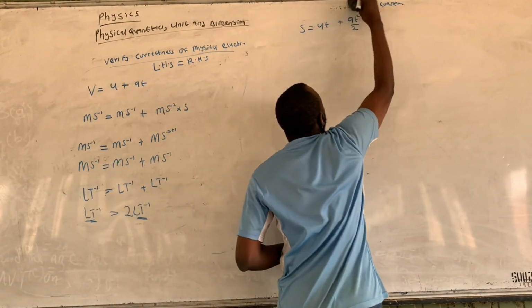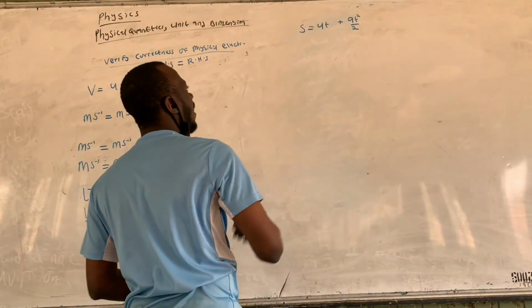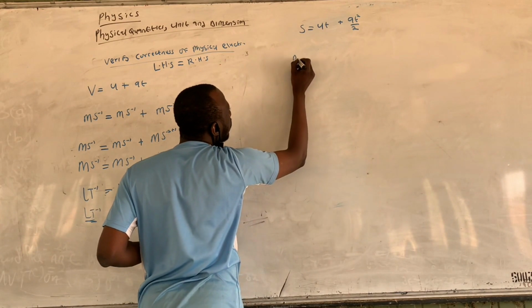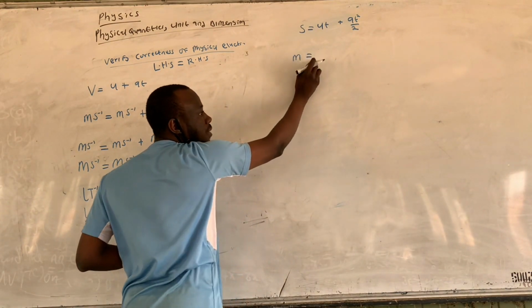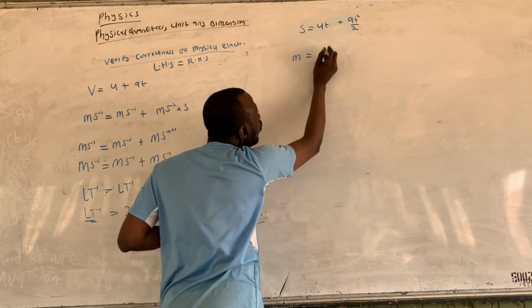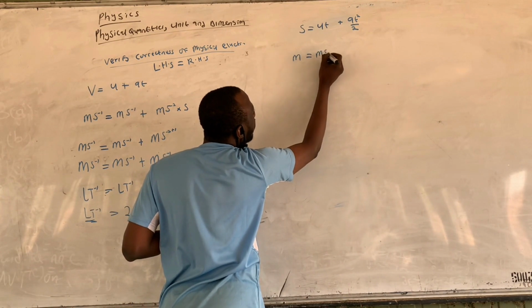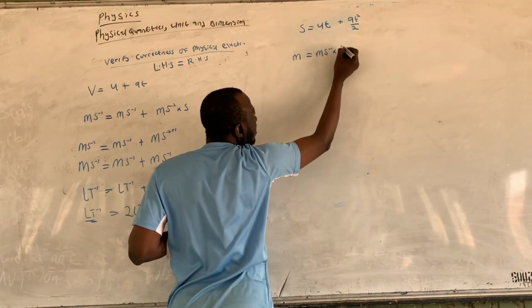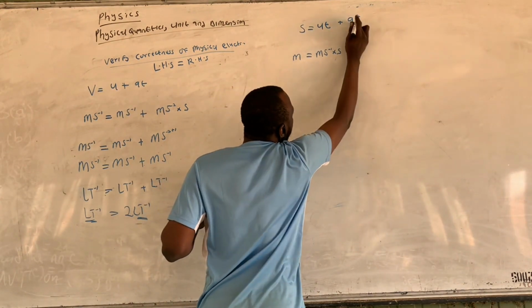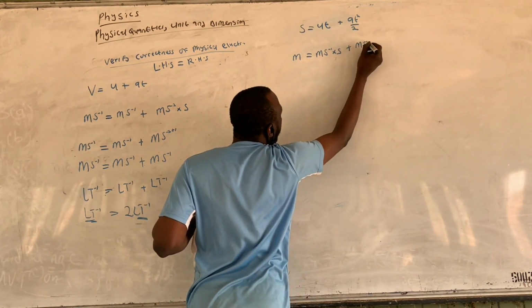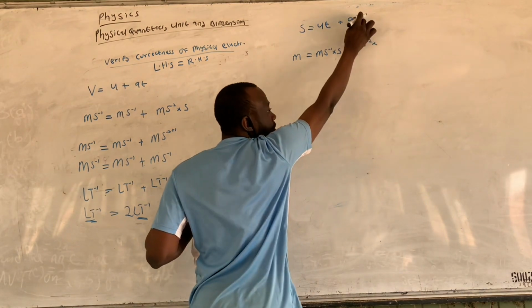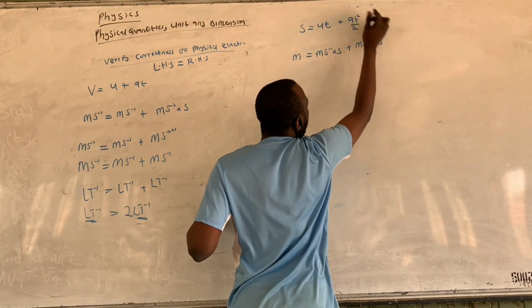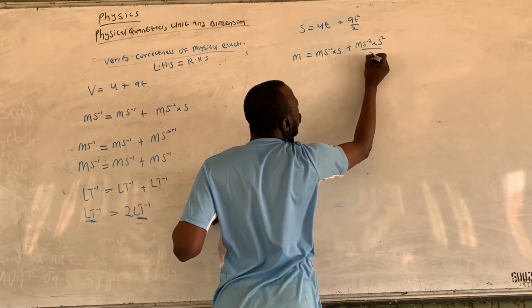In this case, s is in meter. u is velocity times time in second, plus acceleration, meter per second squared, times time, second squared, over 2.